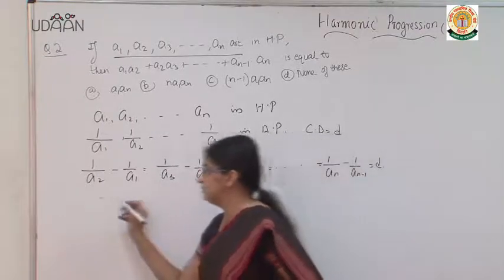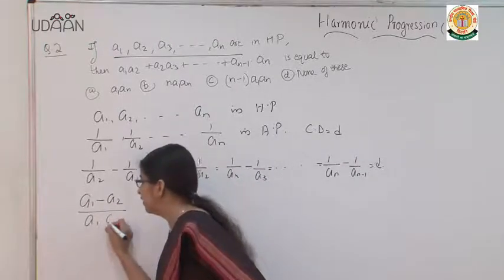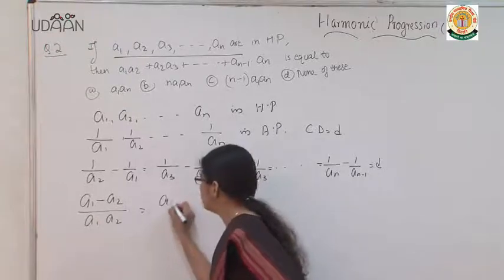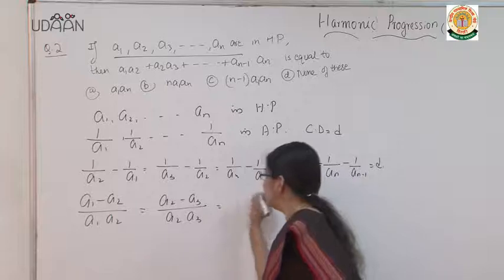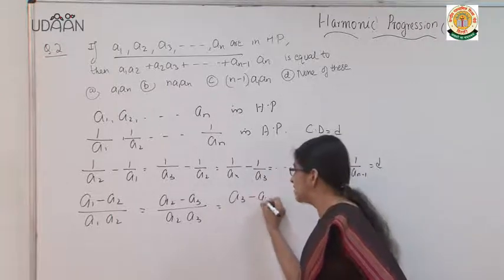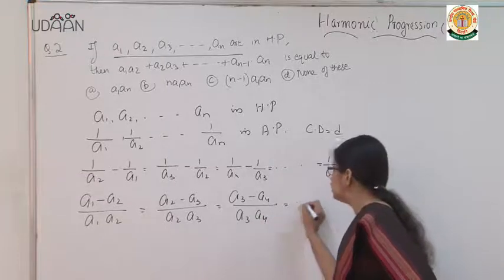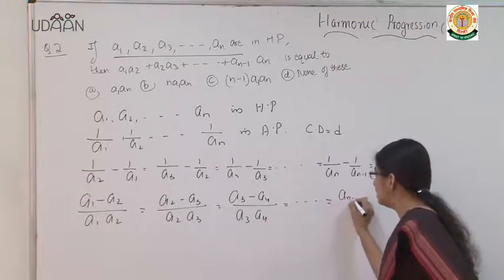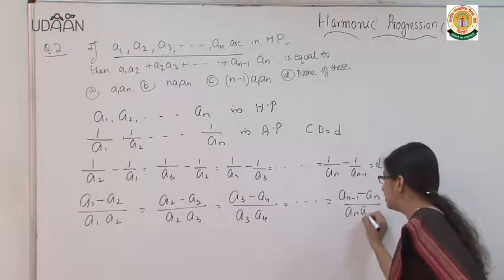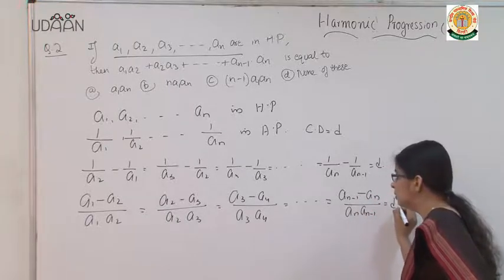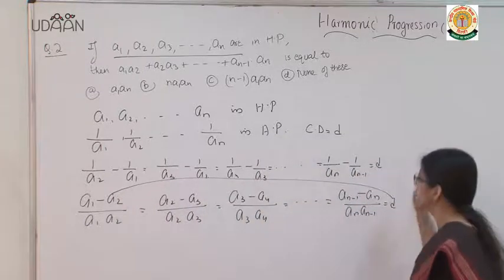Let us simplify further. A1 minus A2 divided by A1 A2, A2 minus A3 divided by A2 A3, equal to A3 minus A4 divided by A3 A4, equal to etc. An minus 1 minus An divided by An minus 1 An equals D. Simplify it further.